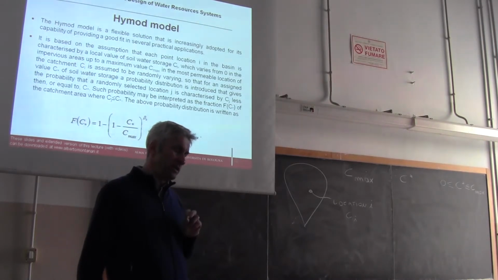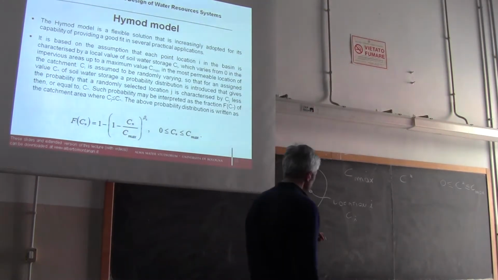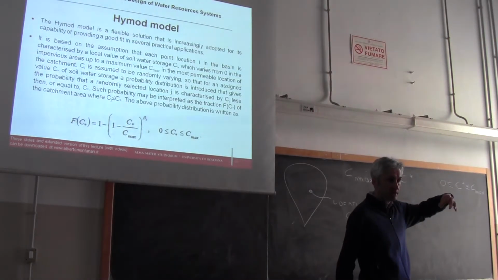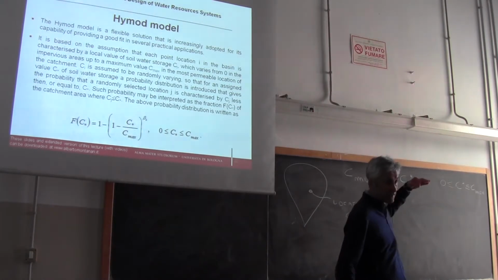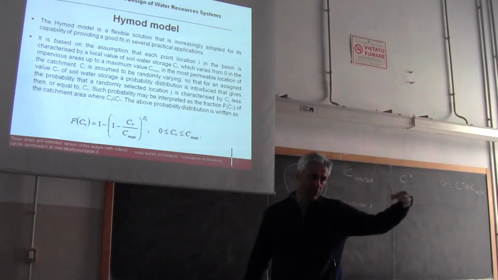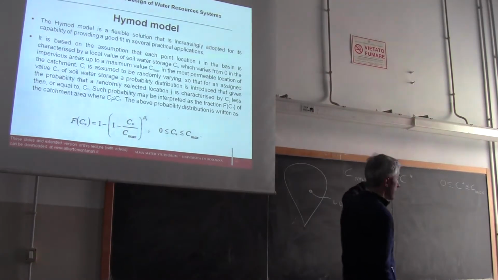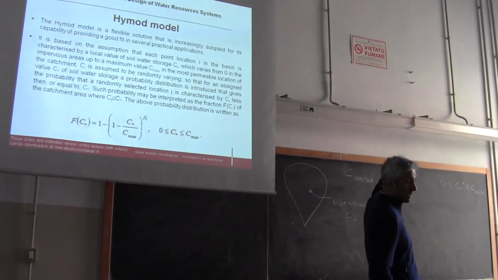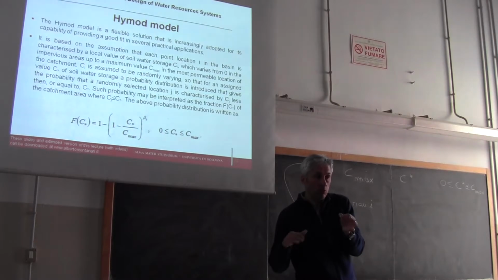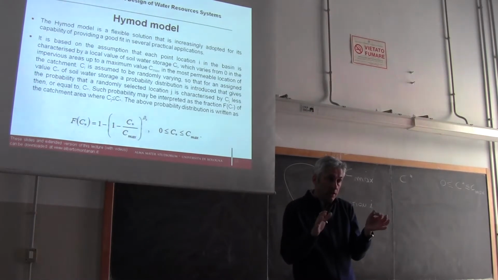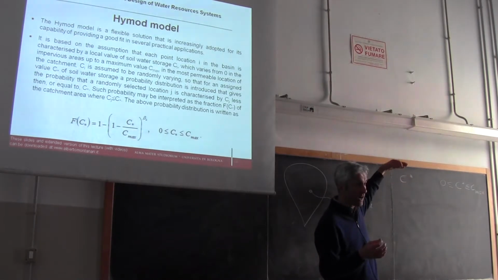Indeed, if I was able to estimate the portion of the catchment in terms of percentage where storage is less than C star, and therefore the portion of the catchment where the storage is higher than C star, I could say that I don't care about where these locations are. What matters to me is just to know the extension of the catchment where storage is lower or higher than C star.